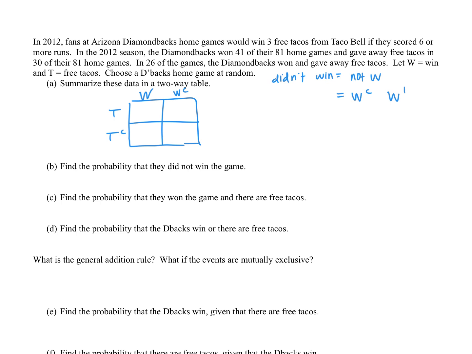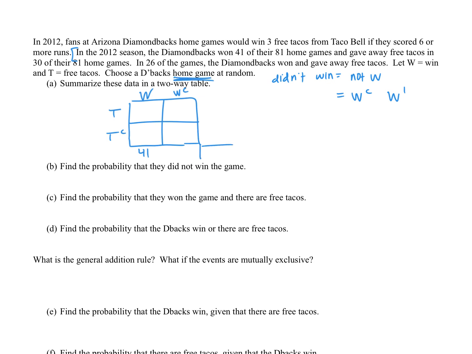Okay. So going back to starting here. In the 2012 season, the Diamondbacks won 41 of their 81 home games. So they won 41 of the 81 home games. So that 41 goes here. Sometimes they gave out free tacos, sometimes they didn't. And then we're told of their 81 home games. Well, we're only looking at home games in general.